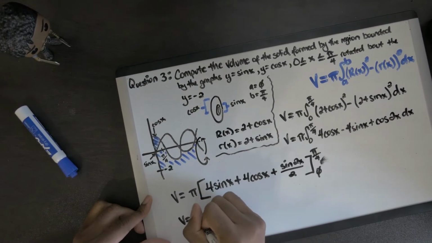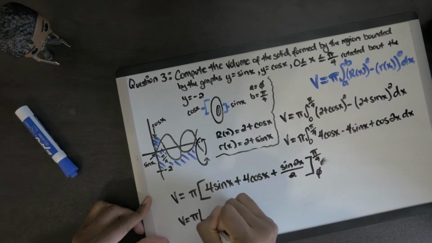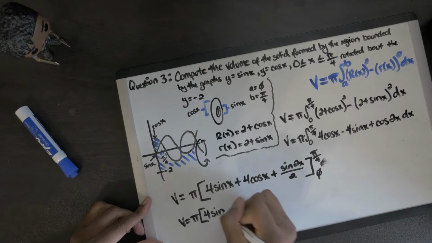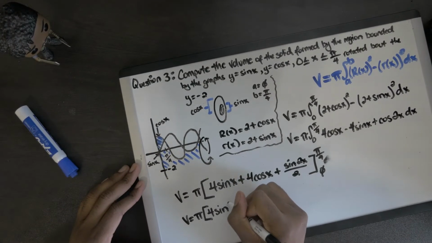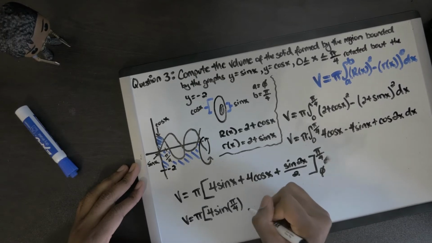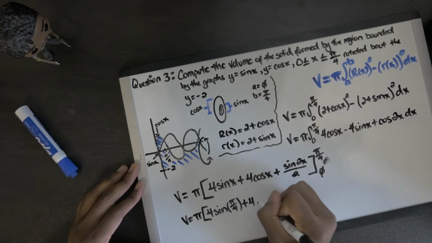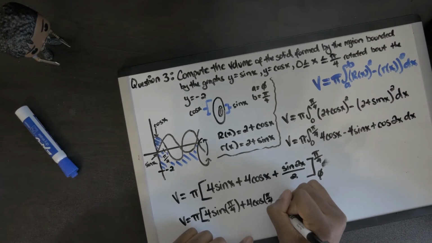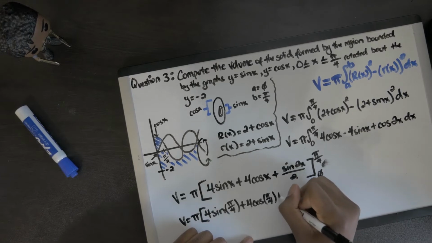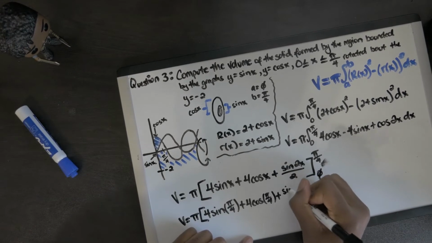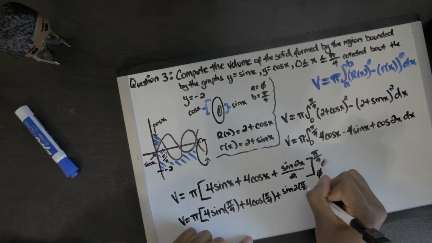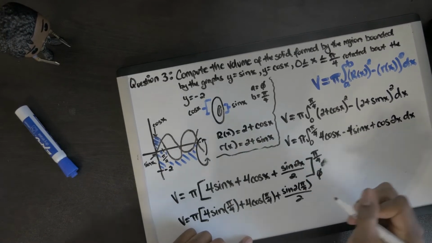It's going to be pi times 4 sine pi over 4 plus 4 cosine pi over 4 plus sine 2 pi over 4 over 2.